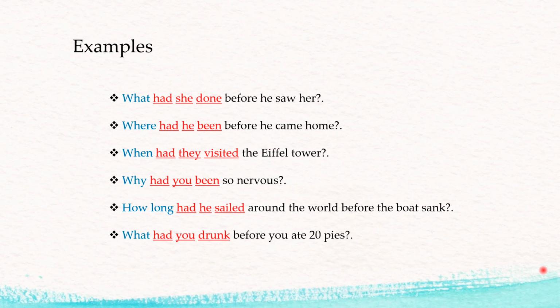Let's see. What is our question word, had, auxiliary, then your subject, drunk, past participle, and then our complements. So as you see, you can make any kind of question using your question words, and it's easy to follow the structure that we have seen before.